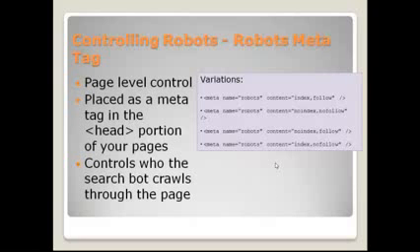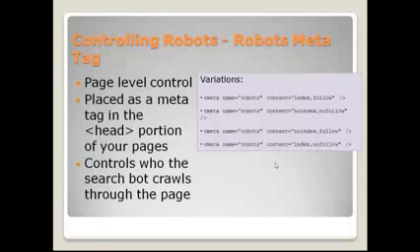So, controlling robots: the robots meta tag. As you can see on the right in this little gray box, we have index follow, noindex nofollow, noindex follow, and index nofollow. So this is page-level control for the individual pages that make up an entire website.